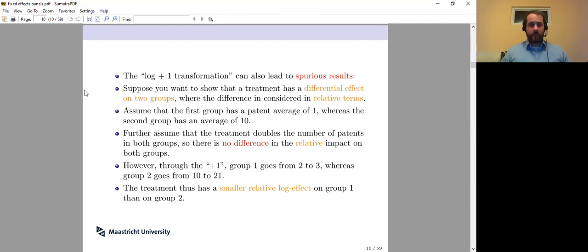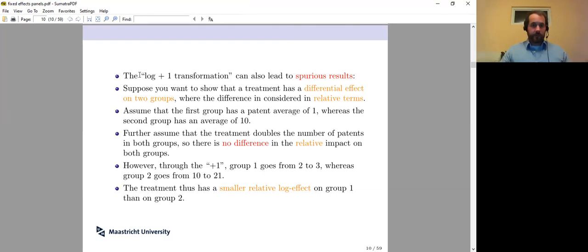So let's go through an example where we want to show that a certain treatment has actually a differential effect on two groups, and the difference is considered in relative terms, right? So for instance, if the treatment doubles each group's patents, then there is no difference in the relative effect between the two groups.